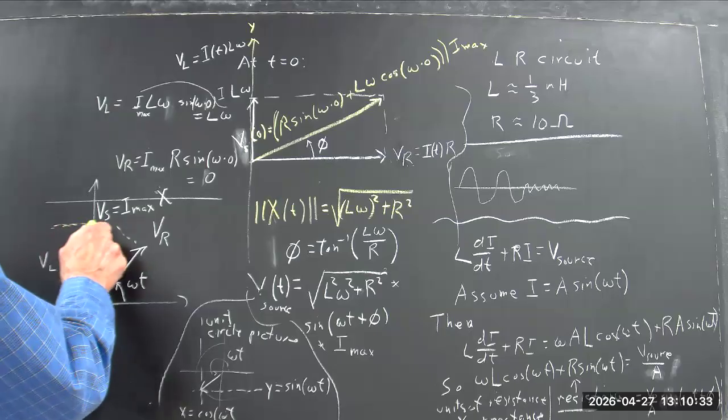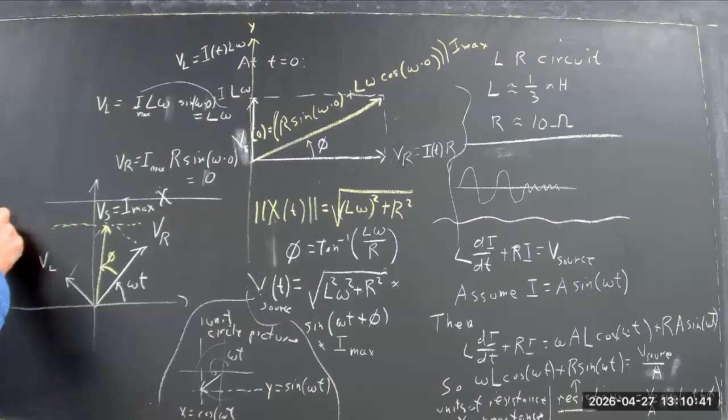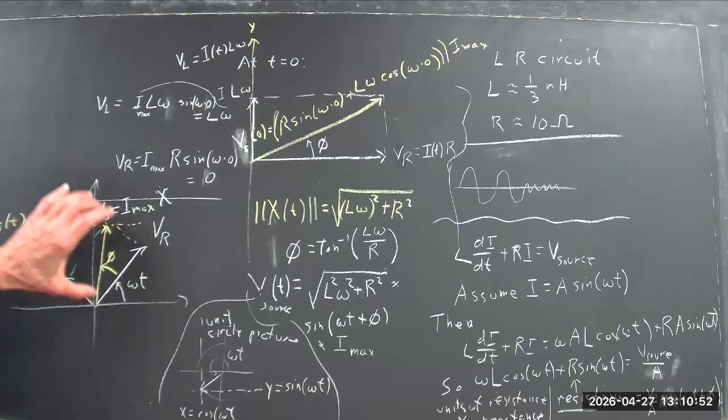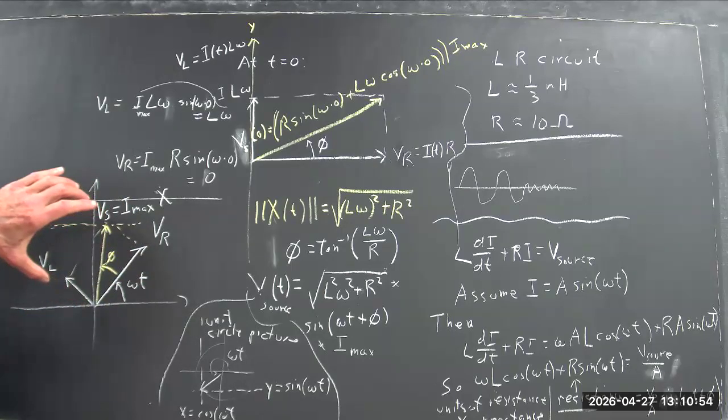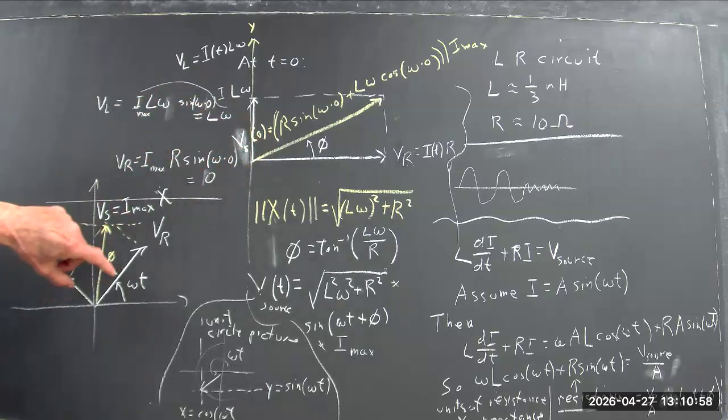Here is your Vs of t. So this whole picture here remains congruent to the one I had here. It doesn't look congruent, but it is.